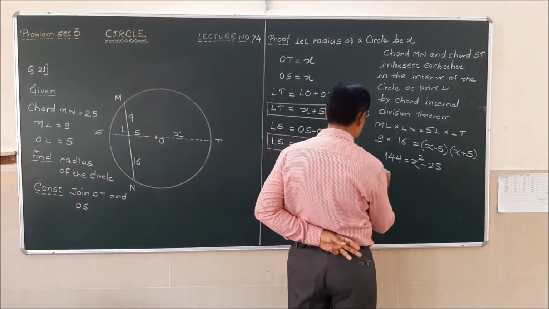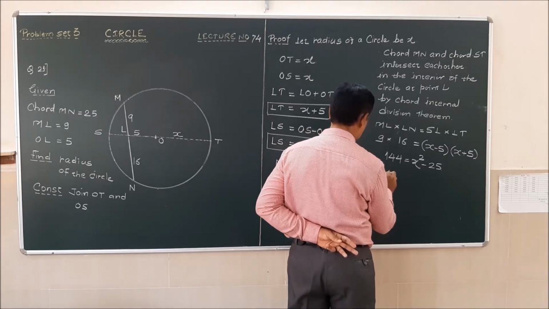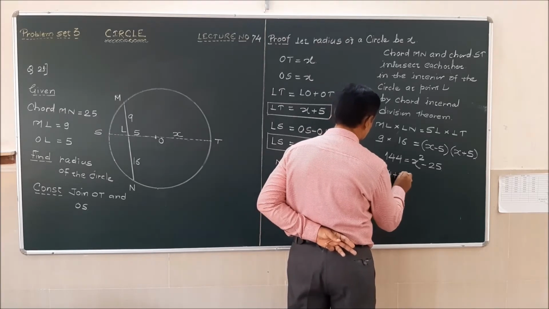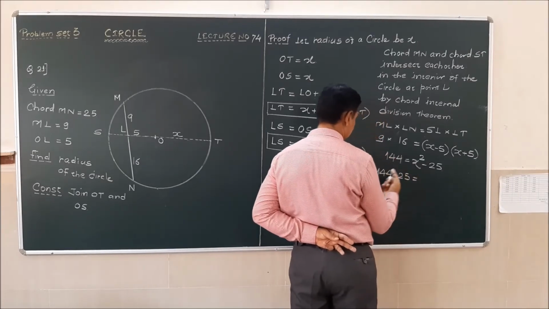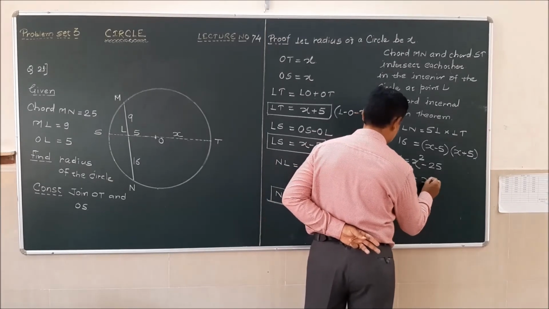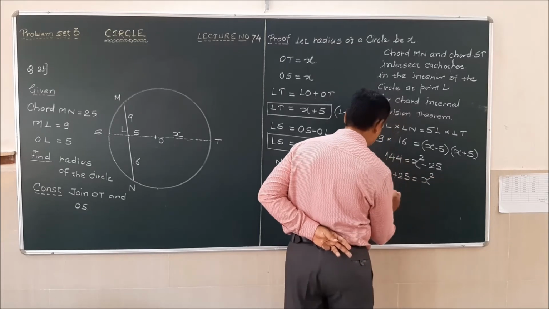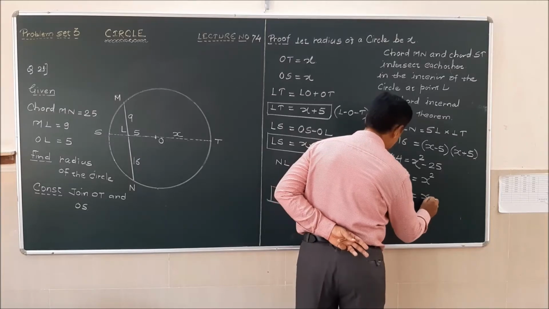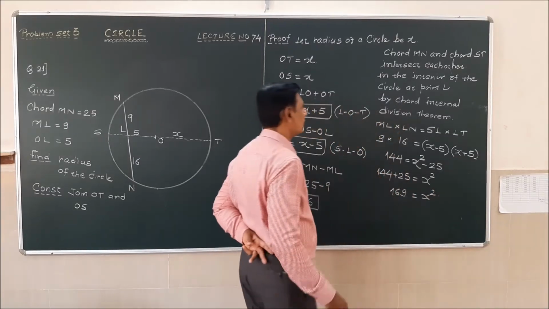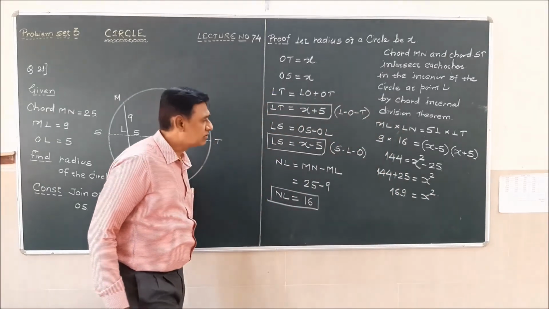So 144 plus 25, if I transfer 25, is equal to 169, which is equal to x squared.